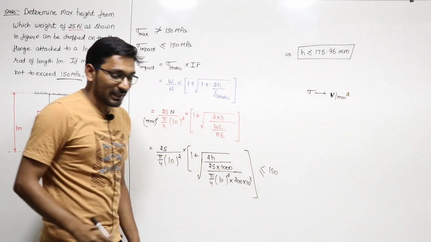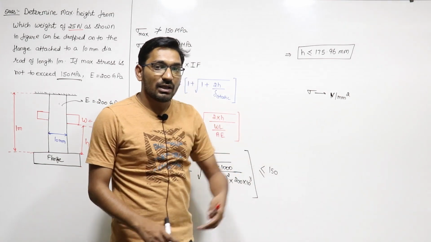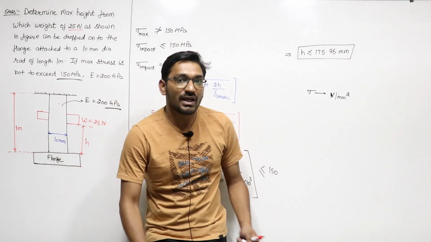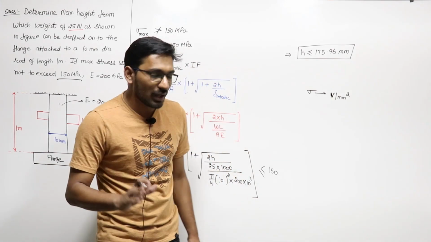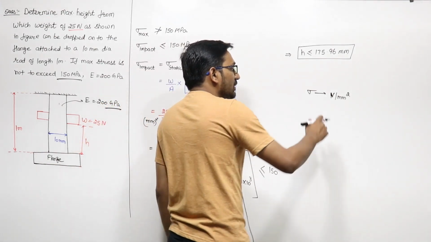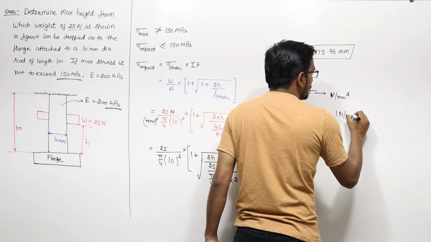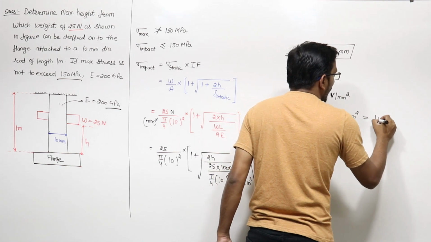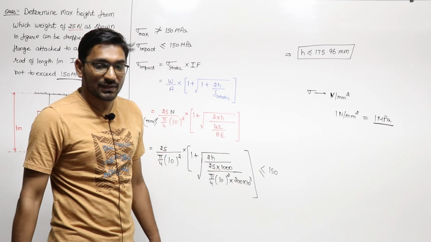So in strength of materials we do not convert mm into meter. In every numerical we take lengths or dimensions in mm only, because 1 Newton per mm square is equal to 1 megapascal.